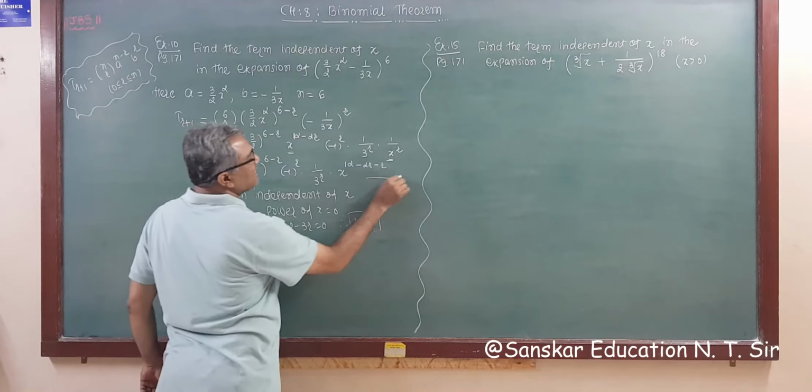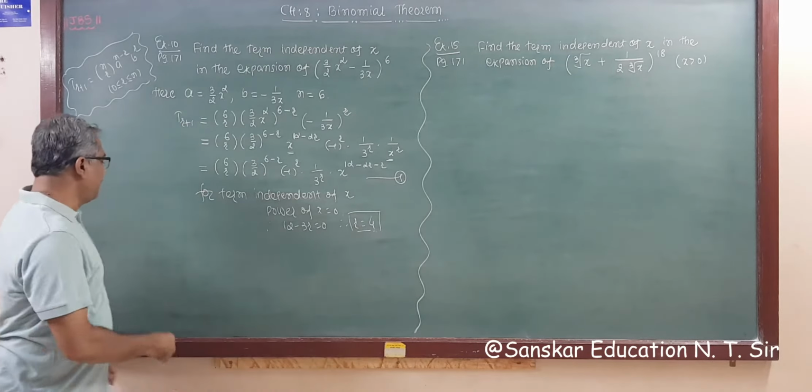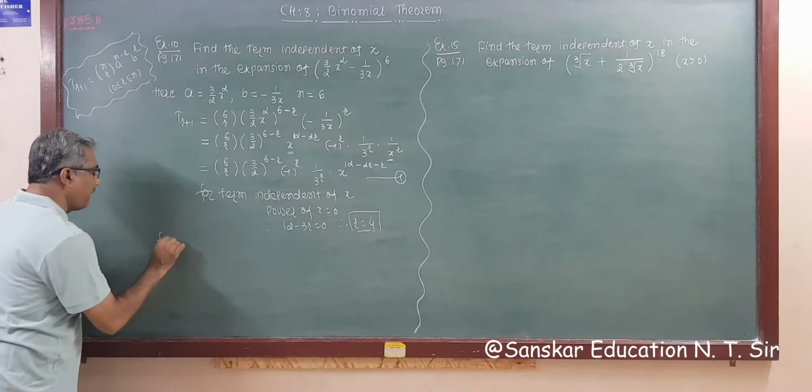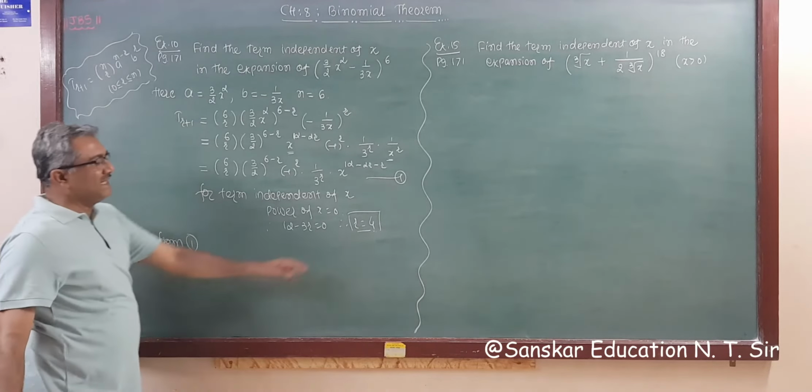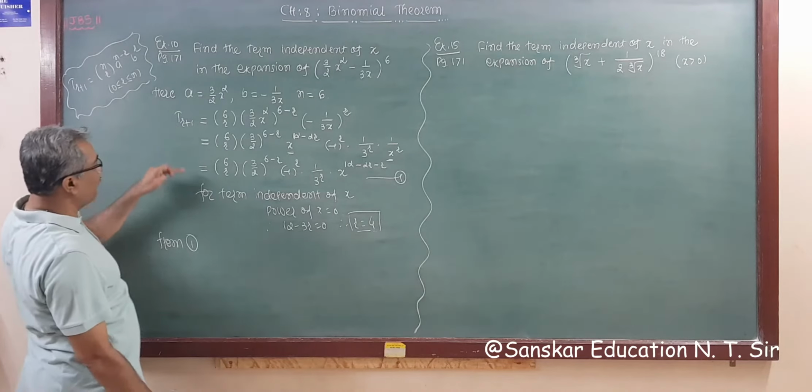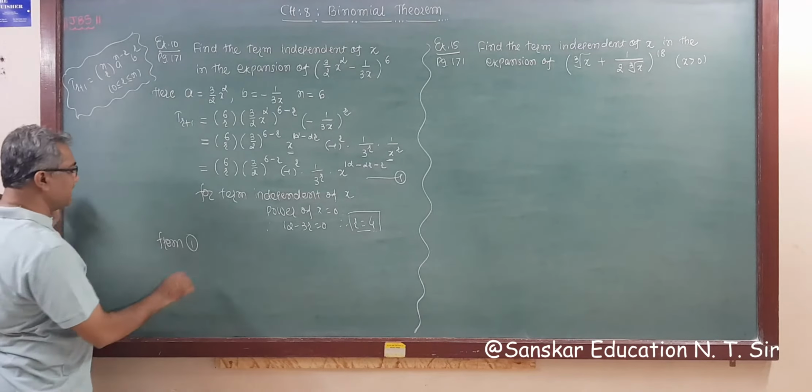So substituting r equal to 4 in equation number 1, that is t4+1, that is t5.